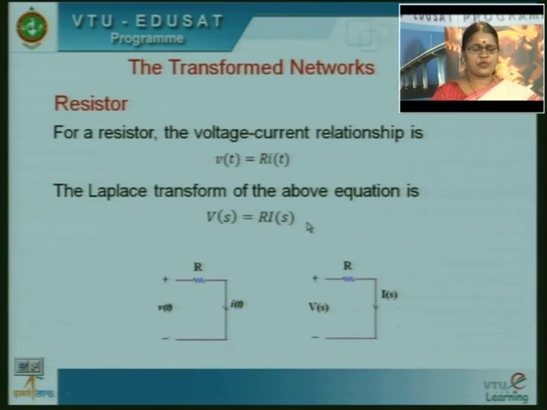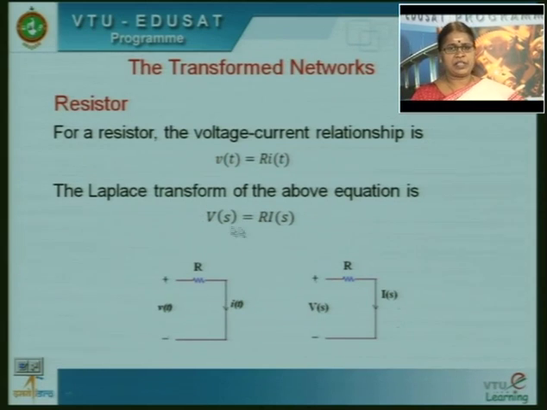This equation can be viewed as a circuit having a voltage source equal to V of S that is given to a resistor of value R, and the current flowing through the resistor is I of S. So, V of S is the voltage applied to a resistor of value R through which the current flowing is I of S.